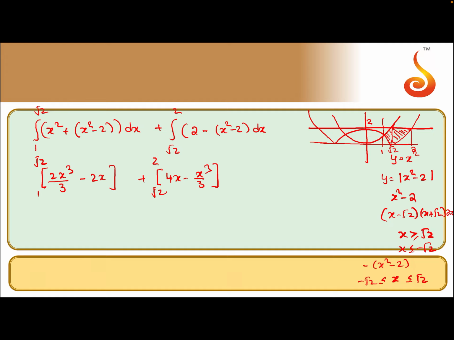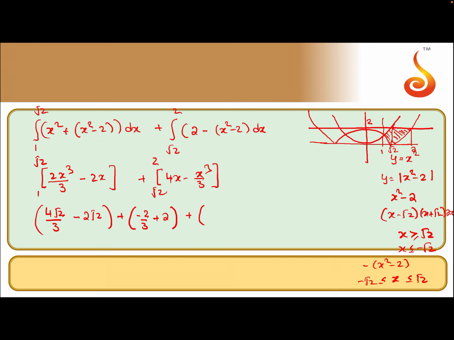Let us substitute the values. 2 root 2 will give you 4 root 2 by 3 minus 2 root 2, plus the lower limit, which will give you minus 2 by 3 plus 2.